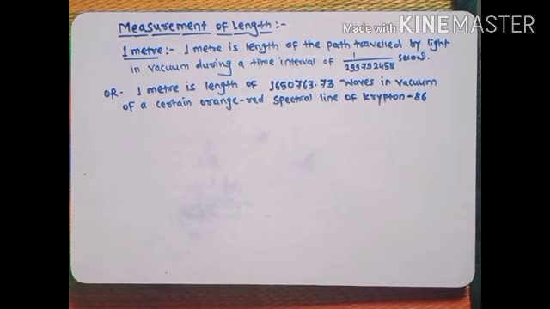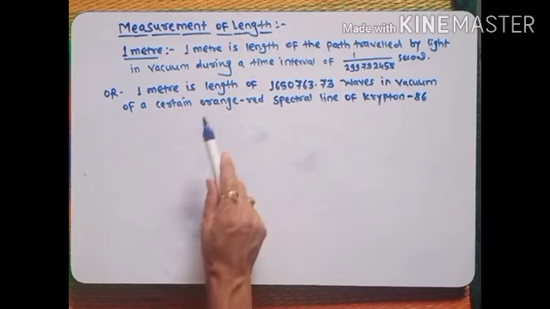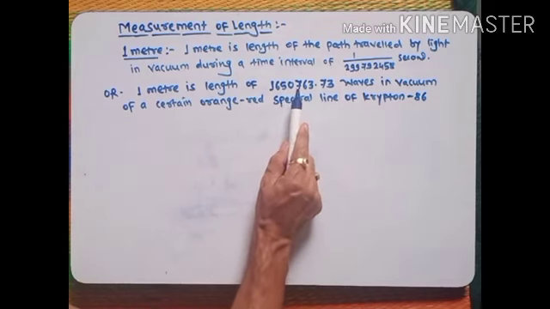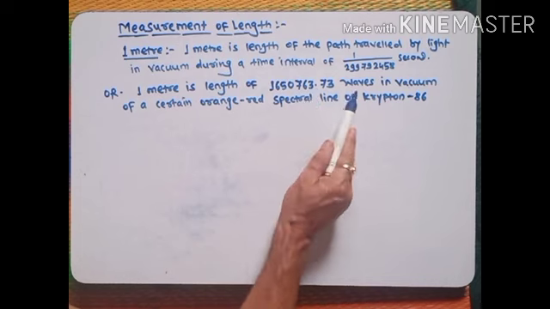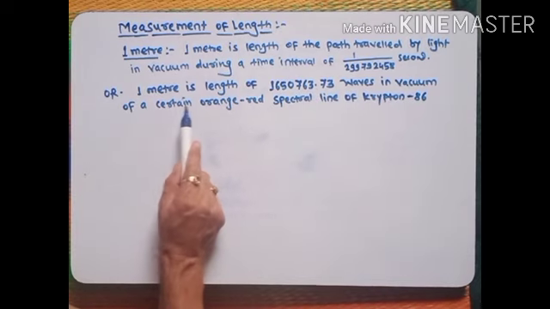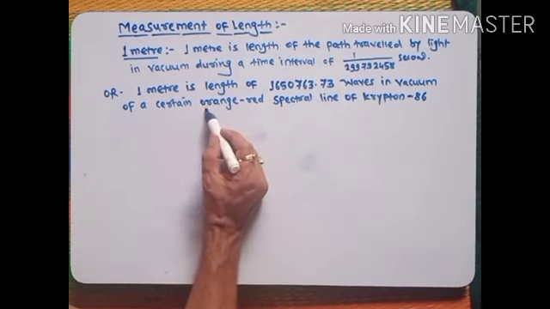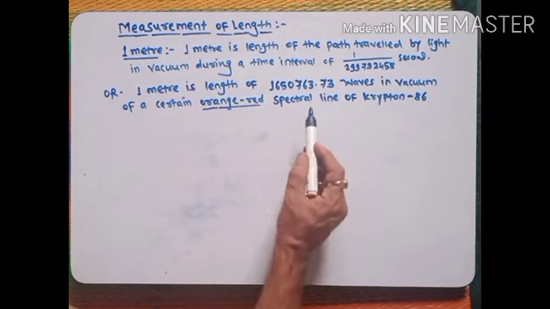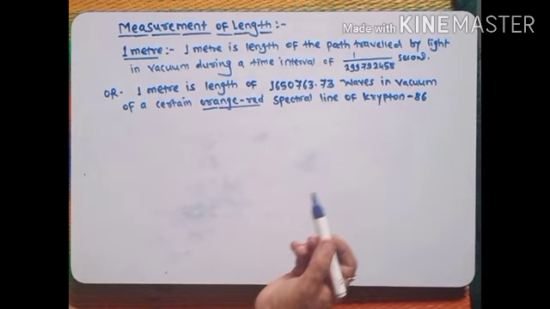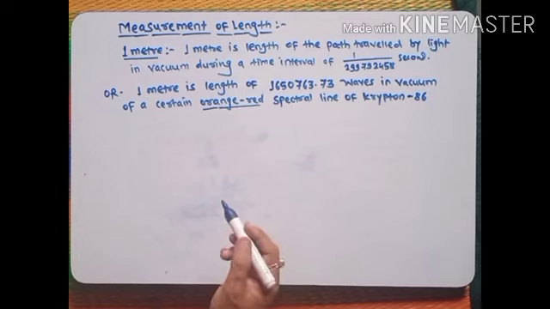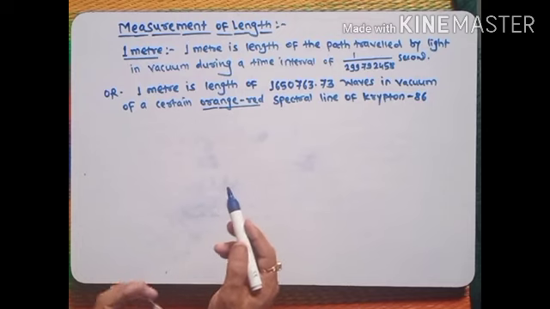This is another definition. 1 meter is the length of 1650763.73 waves in vacuum of a certain orange red spectral line of krypton 86. That means here you have to understand this definition.